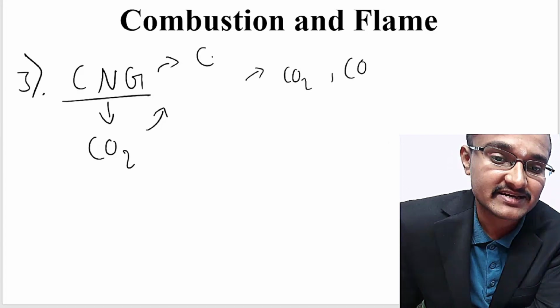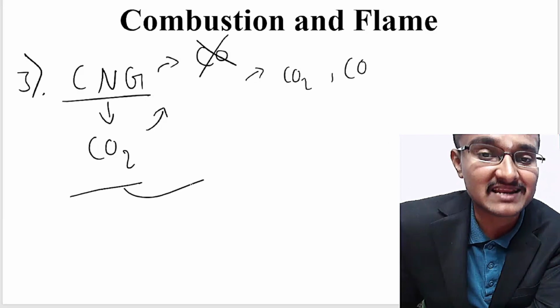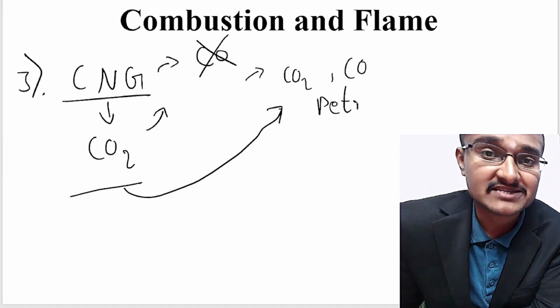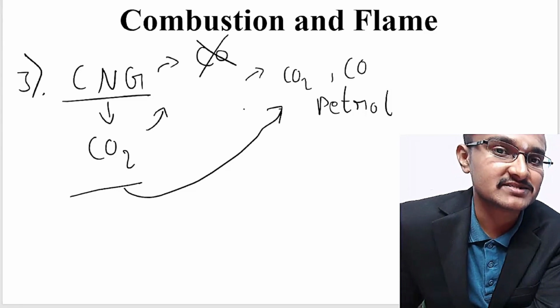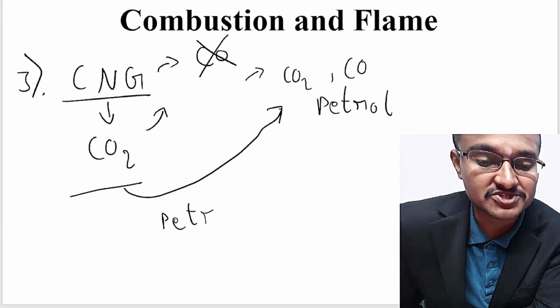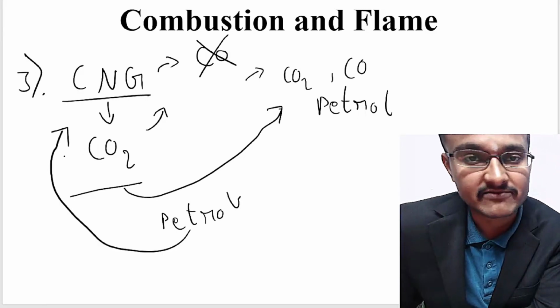But in CNG, there is no carbon monoxide emission. There is a little amount of CO2 emission which is very much less compared to the CO2 released due to petrol and diesel burning. Hence, use of CNG will cause less pollution to the environment. So it is suggested that instead of using petrol and diesel, we can shift to CNG vehicles so that we can avoid pollution in our environment.